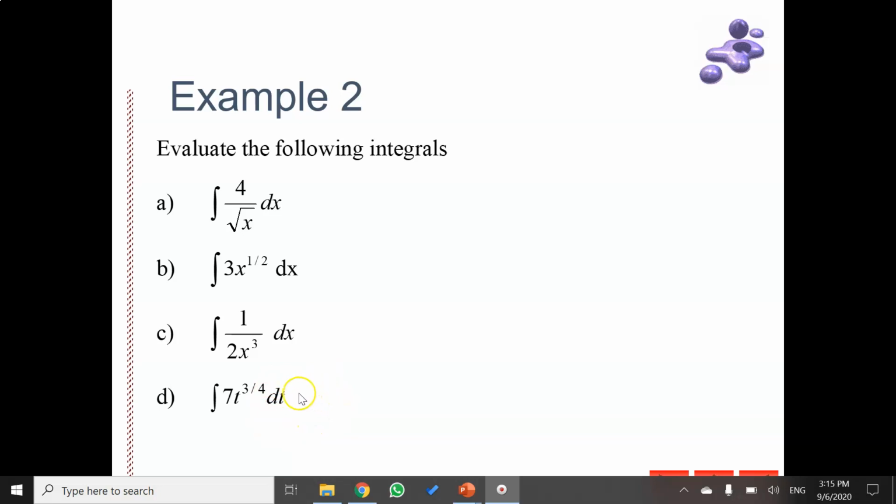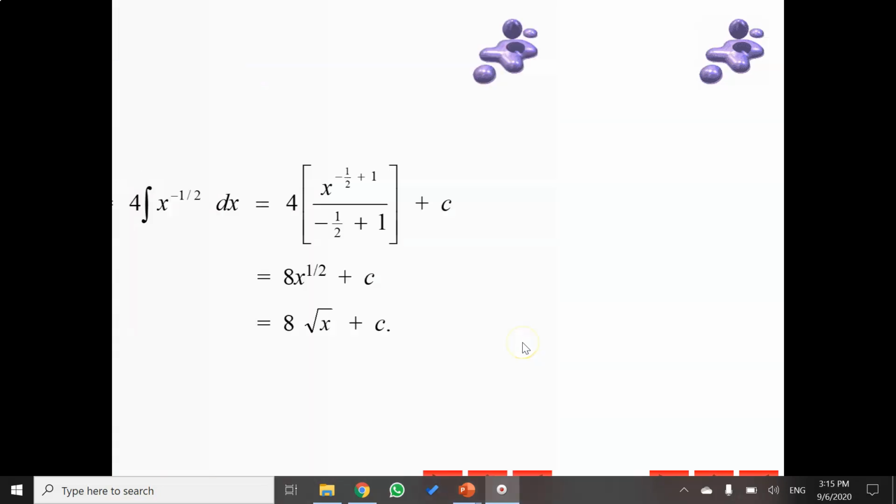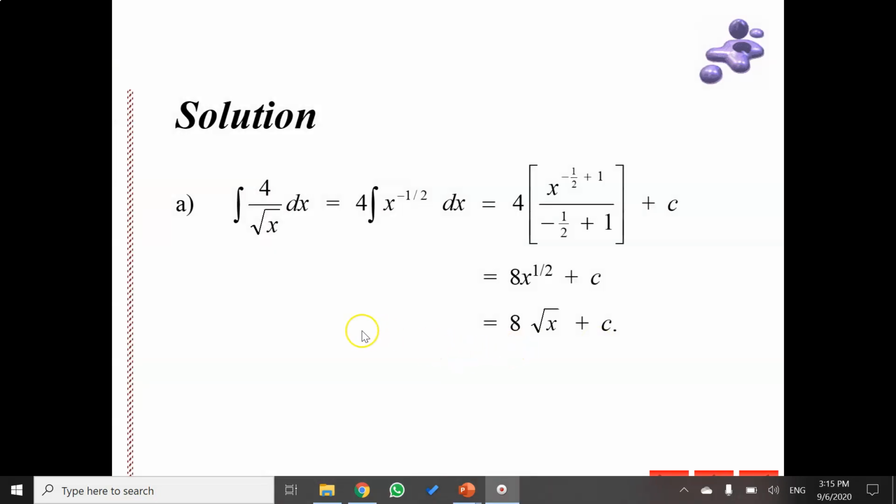It's quite unusual for question D, because we usually use x, and suddenly you have t. It's actually the same as the other three questions, only that the variable at the end is t instead of x. Sometimes they use s, h. Okay, it's the same. So, solution.